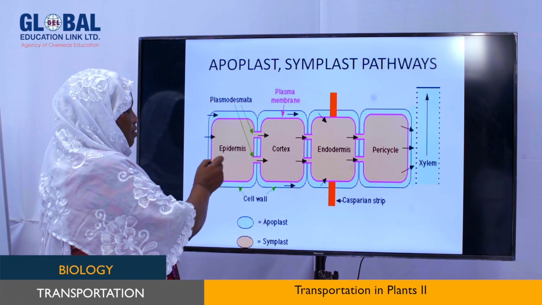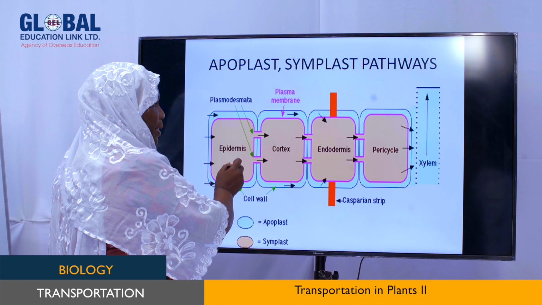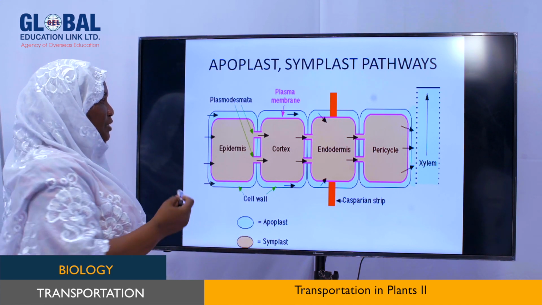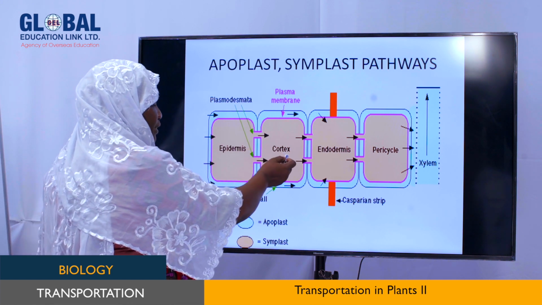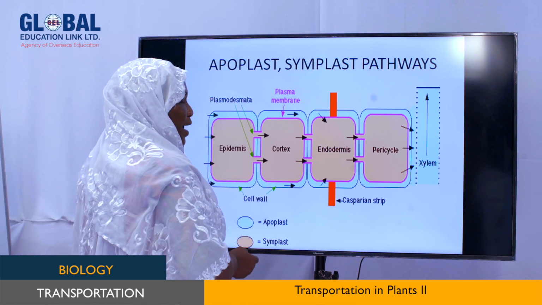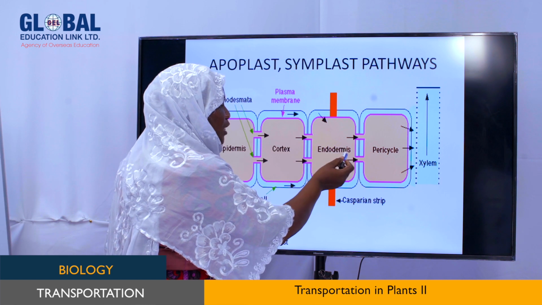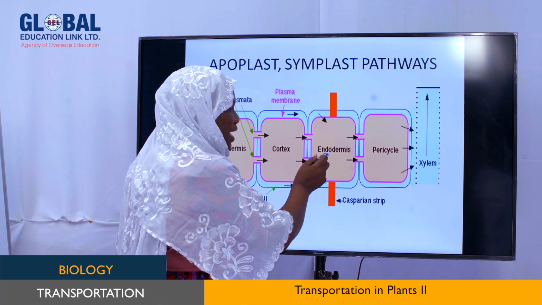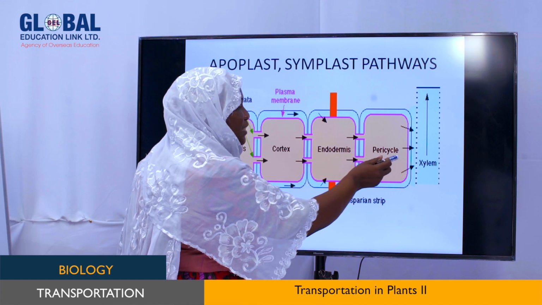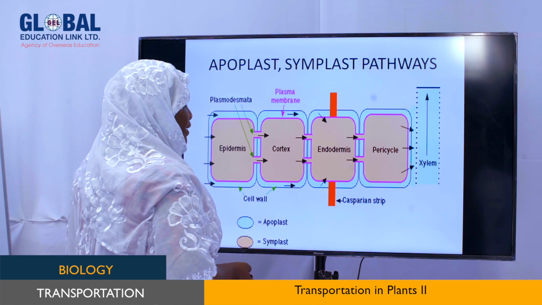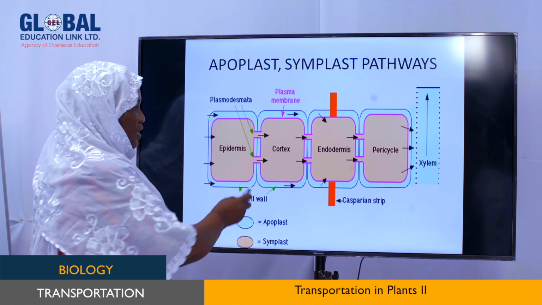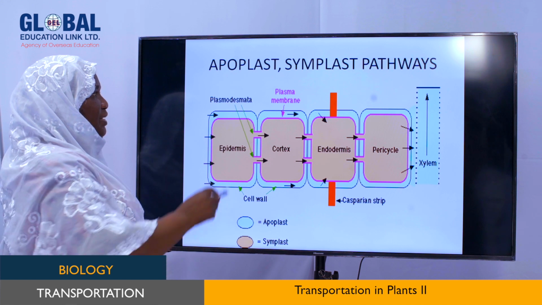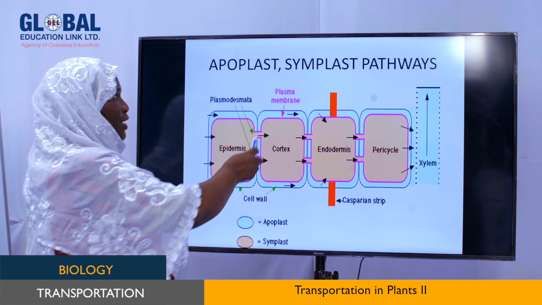Water moves from here and enters the cytoplasm of another cell, that is the cortex. From here, it enters the cytoplasm of the endodermis. From the endodermis, it enters the cytoplasm of the pericycle. This way is what is called the symplast pathway.